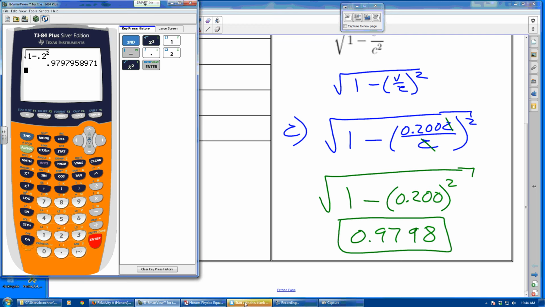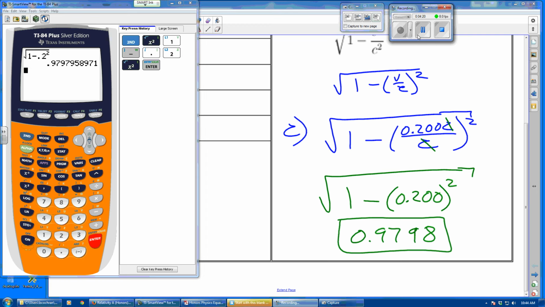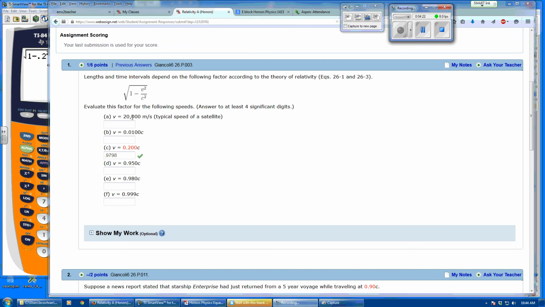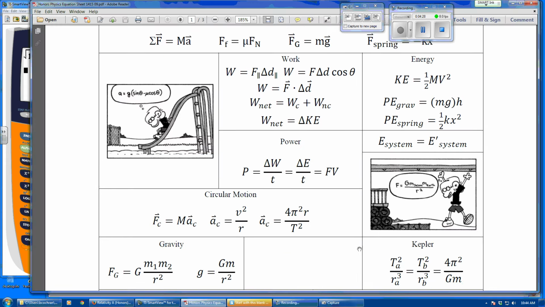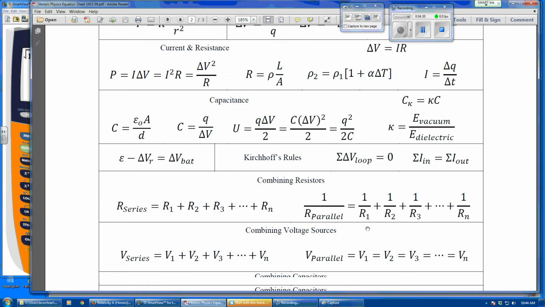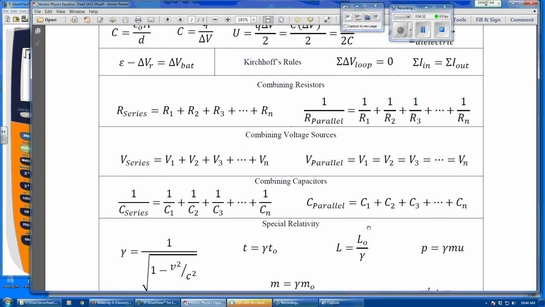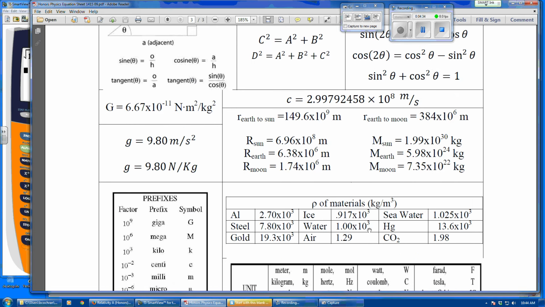Let's see if that works. So the only difference is for the first one, you put in that value, and then you use the speed of light, which is here on your equation sheet, on the back of your rubric. Yes?